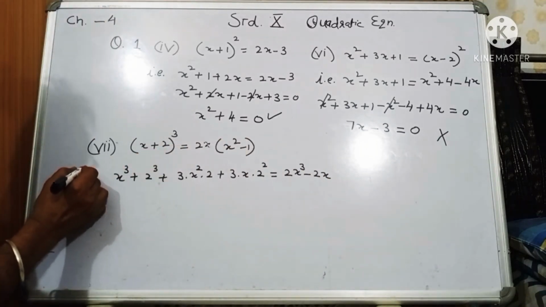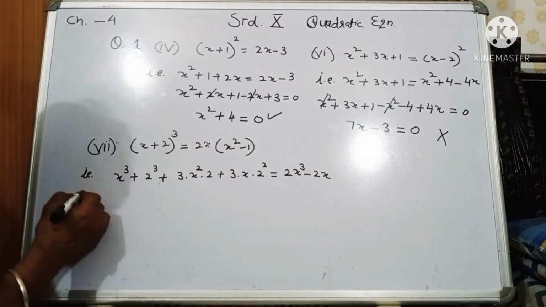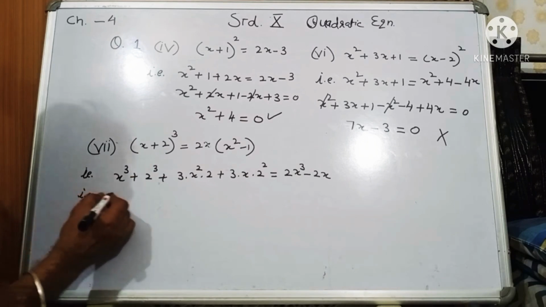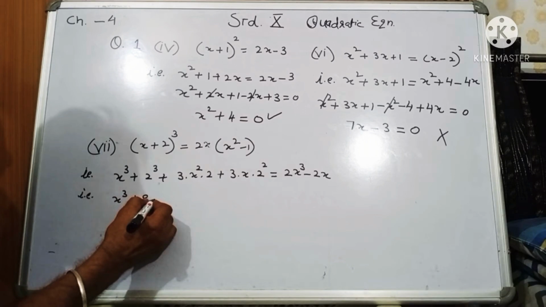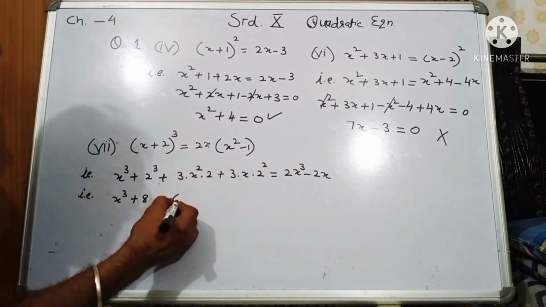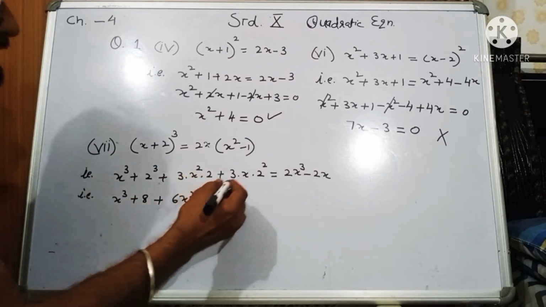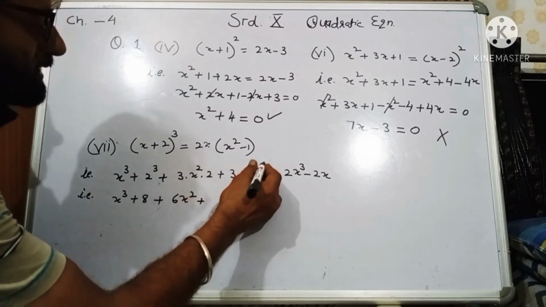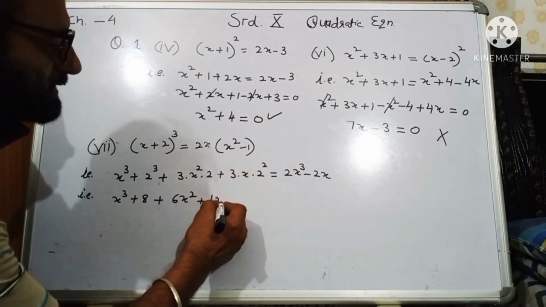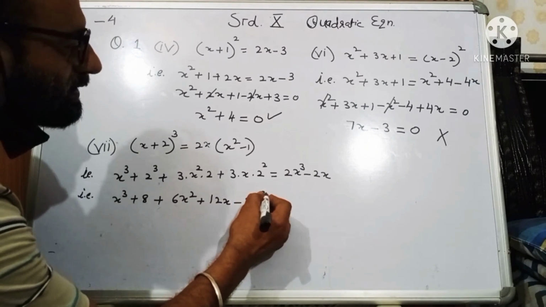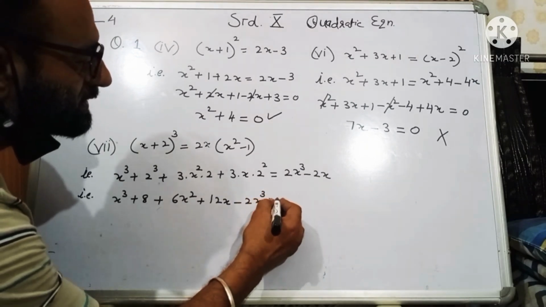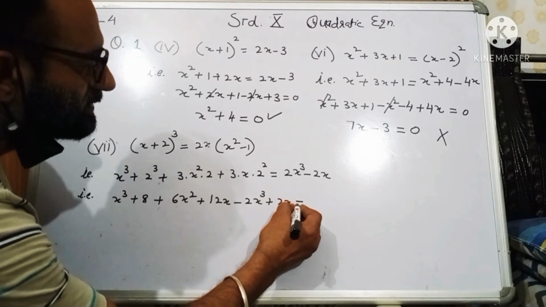So now we will again simplify it. x cube plus 8 plus 6x square plus 4 into 3, 12x, minus 2x cube plus 2x is equal to 0.